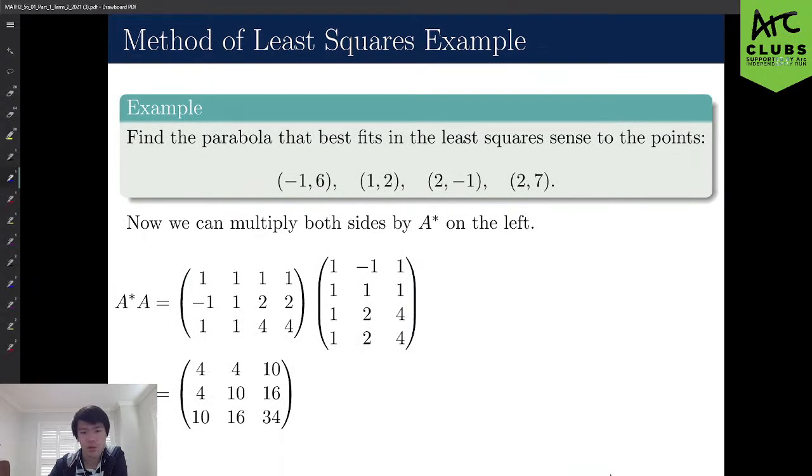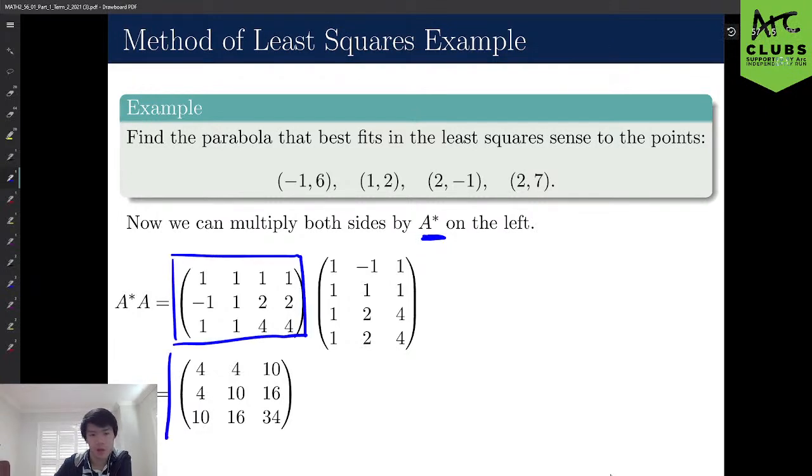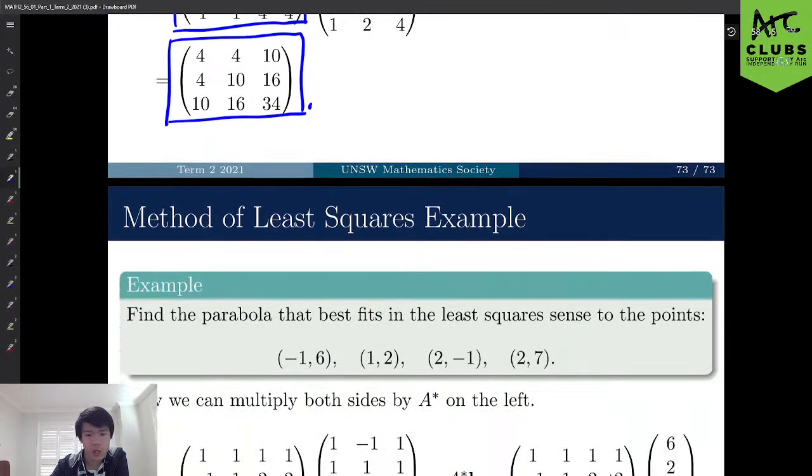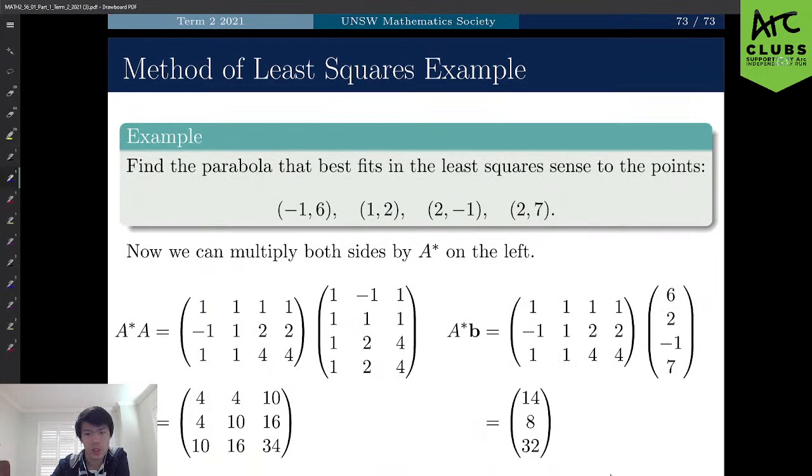So what we do now is we multiply both sides by the transpose, or the conjugate transpose. So we've gotten this, and we multiply by that, and we get this matrix. Then we do the same thing on the other side.